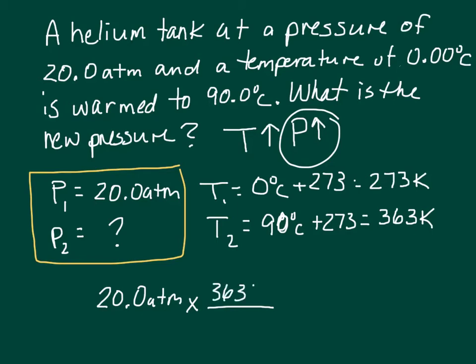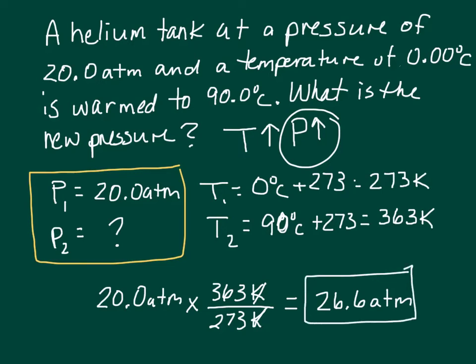So we put our 363 Kelvin on top, our 273 Kelvin on the bottom. Cool thing about this is Kelvins cancel out. And then if we just do the math, we get 26.6 atmospheres as our second pressure. Well, is that what we wanted to happen? We started with 20, we ended with 26.6, our pressure increased. So we can be reasonably assured that that is a correct answer.